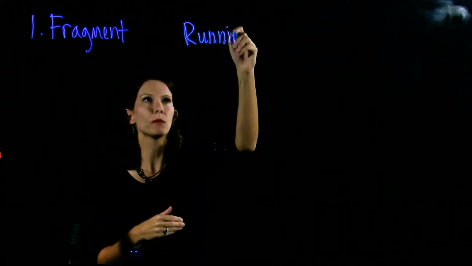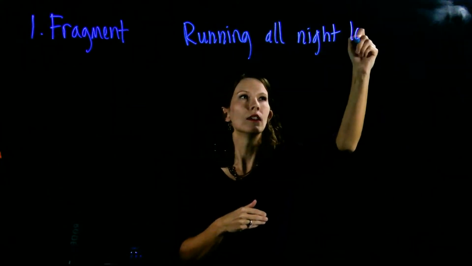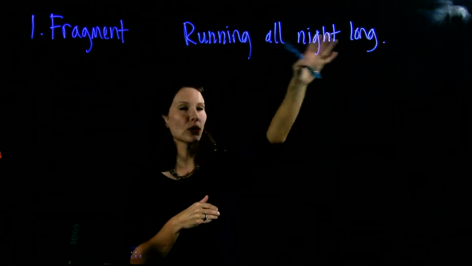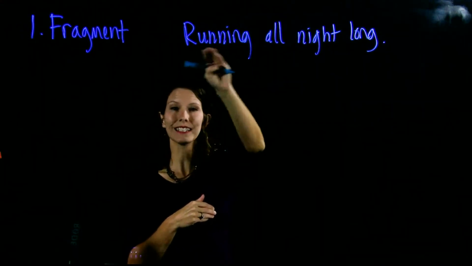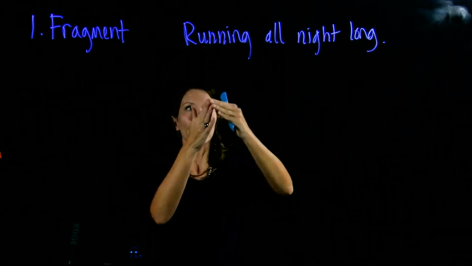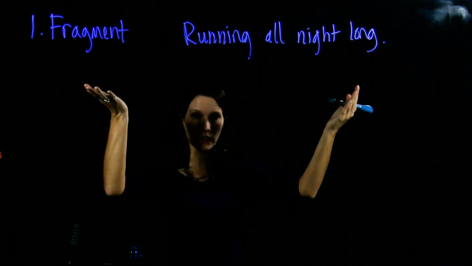If I have the group of words running all night long, you might think you have a subject, but if so, there's no verb. You might think this is the verb, but then you don't know who was running all night long. So it's missing one of the three elements of a complete sentence. In this case, it's technically missing all three.